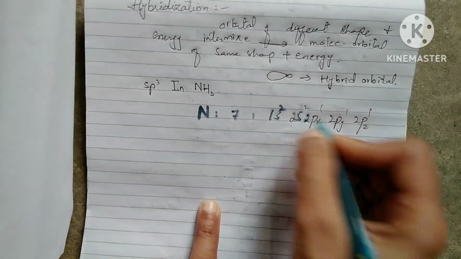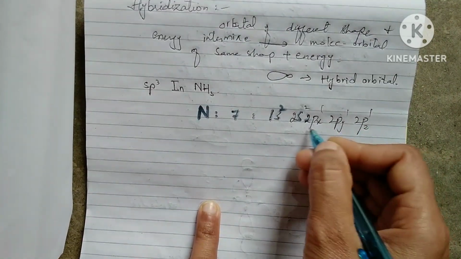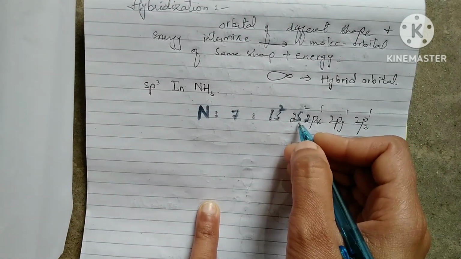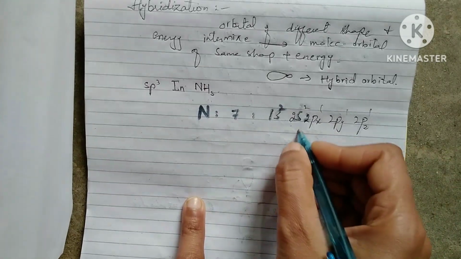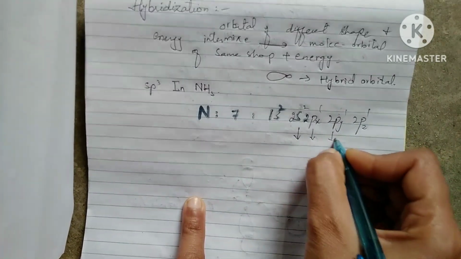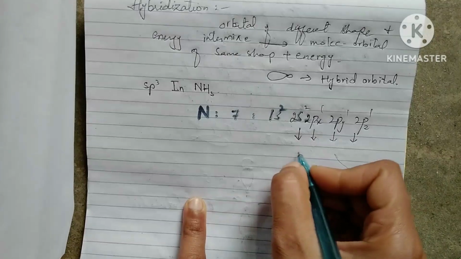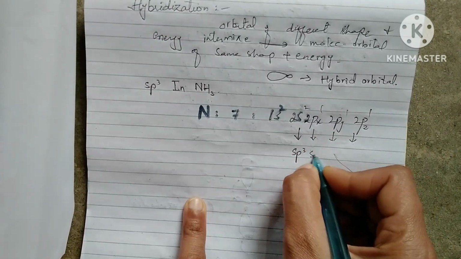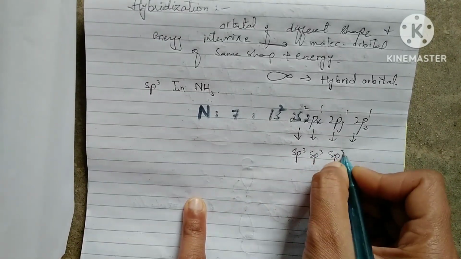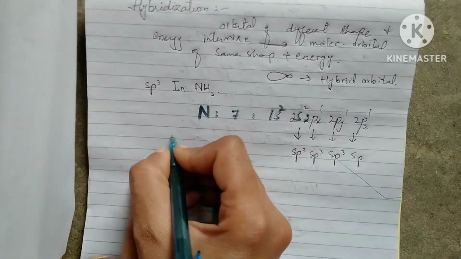So here we have 3 unpaired electrons and 1 pair of electrons, that is a lone pair. All these 4 atomic orbitals will overlap and we will get 4 sp3 hybrid orbitals.